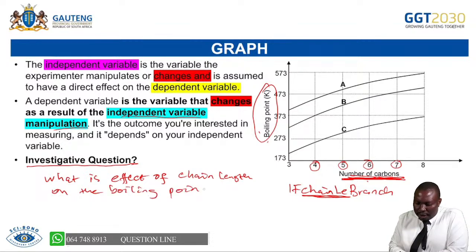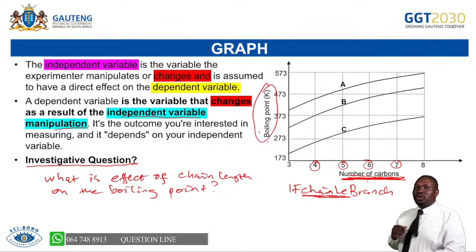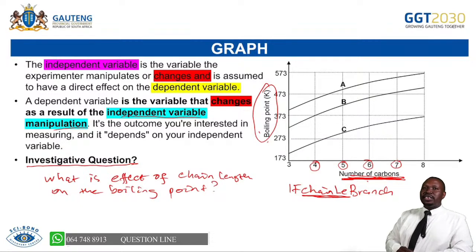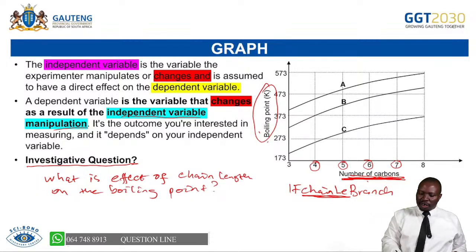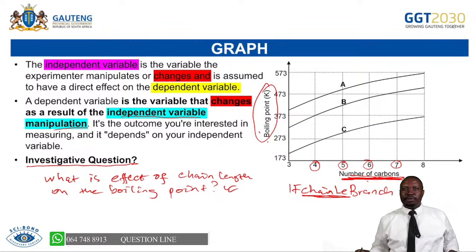So the effect of chain length on the boiling point, and then there must be a question mark because we are talking about a question. Or you'll say, what is the relationship between the chain length of a compound and the boiling point? So you can put it like that, but because it's a question, it must have a question mark, and you must be able to get 2 marks.